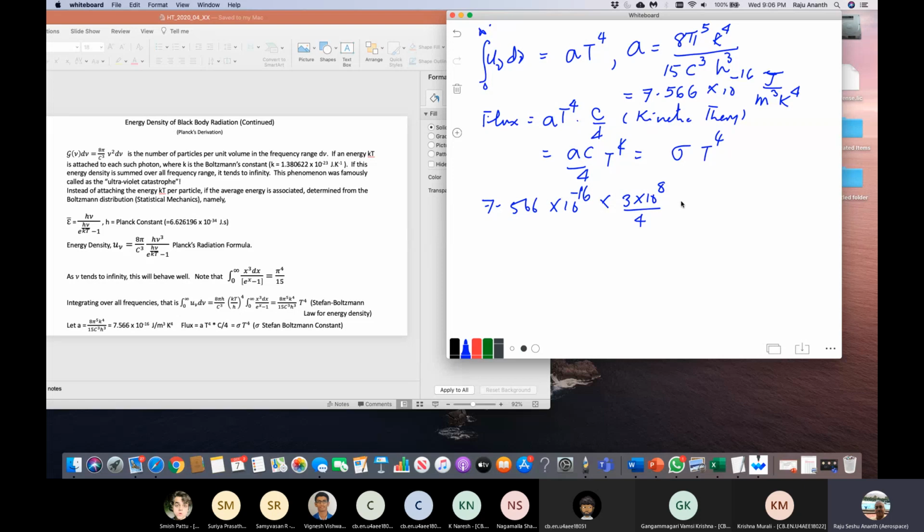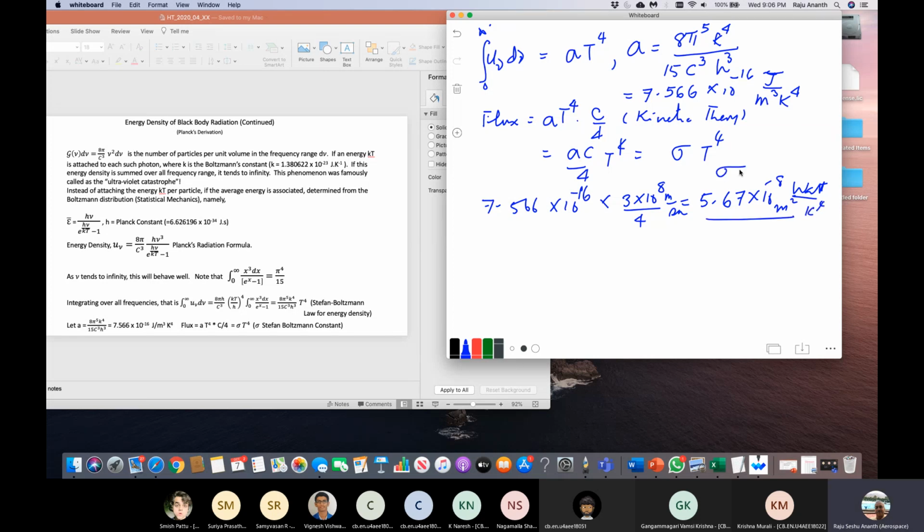Can anybody do this? I mean, obviously you get 5.67 times 10 to the power of minus 8 watt. Because remember, this is meter per second. That was joule per second, which is watt, per meter square, Kelvin to the power of 4. So that's sigma.